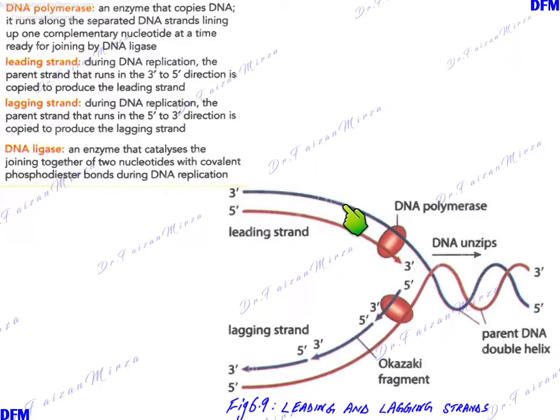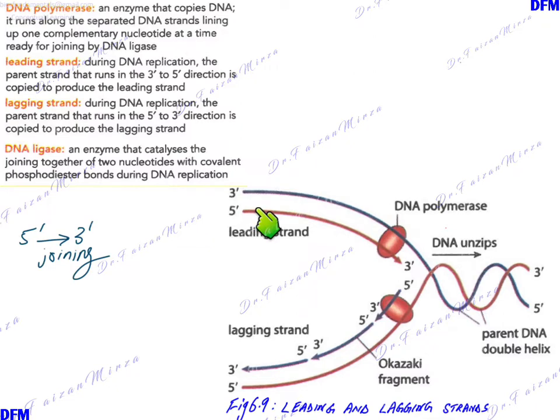So why does the lagging strand lag, meaning why are these gaps left over, and why is the leading strand not lagging? The reason is the DNA polymerase enzyme. The DNA polymerase enzyme works by adding the nucleotides in the direction of 5' to 3'. This is a restriction that the DNA polymerase can only work on. So if a nucleotide is here and new nucleotides need to be added, it will move in the 5' to 3' direction.